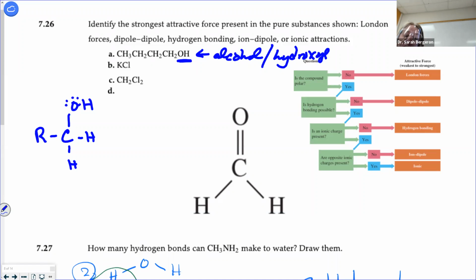That oxygen has 2 lone pairs on it, just like water does. So tell me what happens to that oxygen. Oxygen is partially negative, hydrogen is partially positive. What can happen with this?